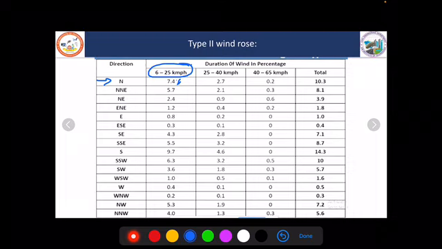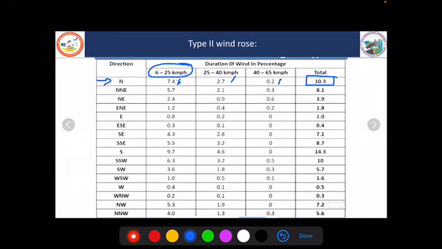Similarly, wind of intensity 25 to 40 kmph has a duration of 2.7%, and wind of intensity 60 to 65 kmph has a duration of 0.2. So from the north direction, the total will be 10.3.